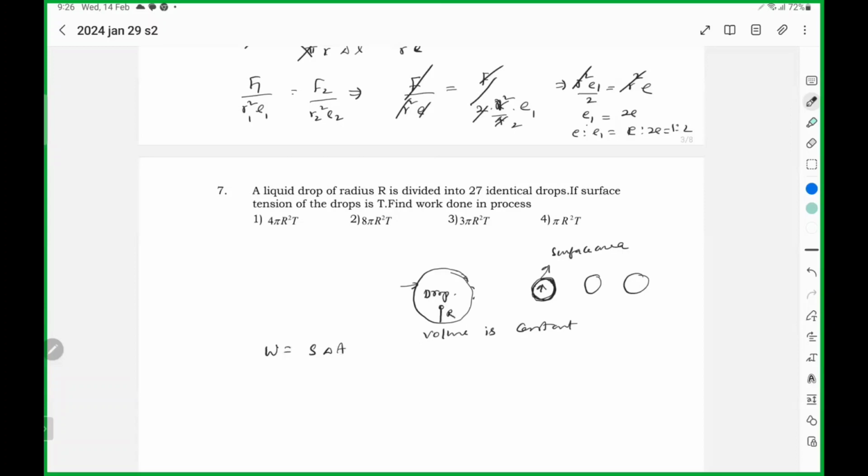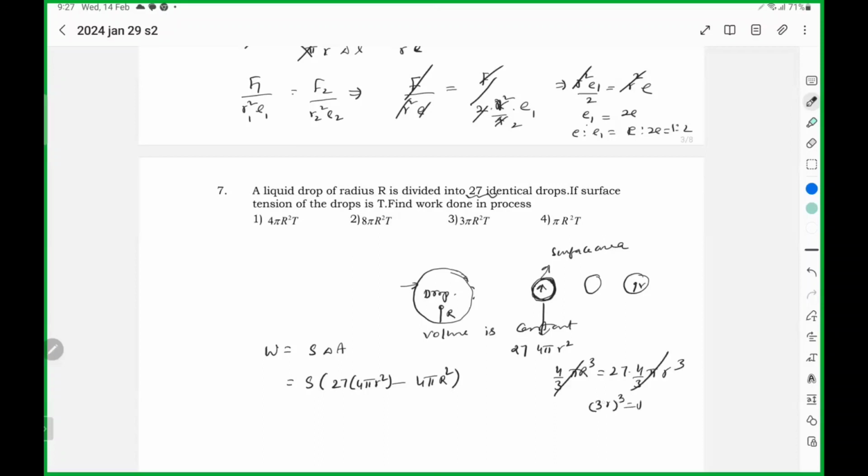Initially the bigger drop is having radius R, the smaller drop is having smaller radius r. Here the surface area of a sphere is 4 pi r square. Now, how many such drops are there? 27 drops. The surface area of all these drops is this. The bigger drop's surface area is this. So the relation between the volumes is the same: 4 by 3 pi R cube is 27 times 4 by 3 pi r cube.